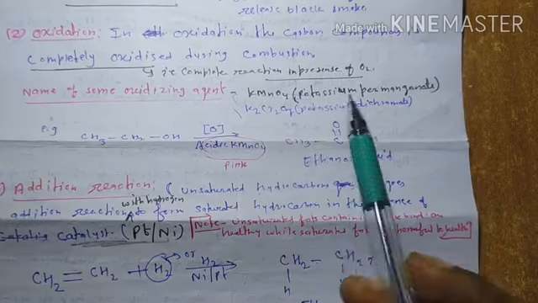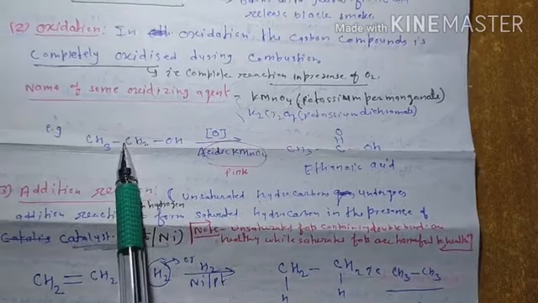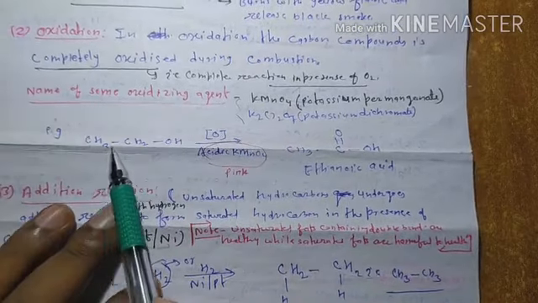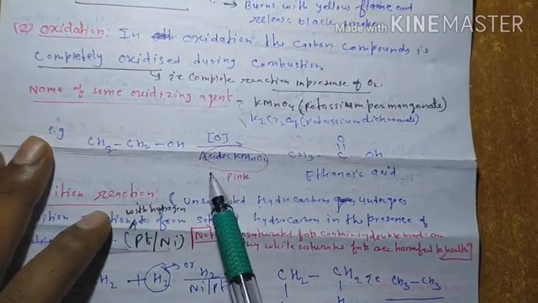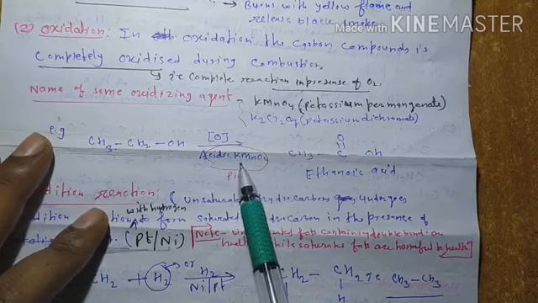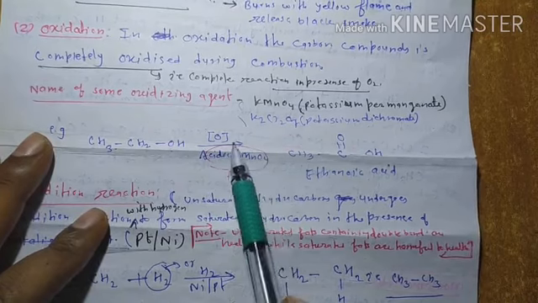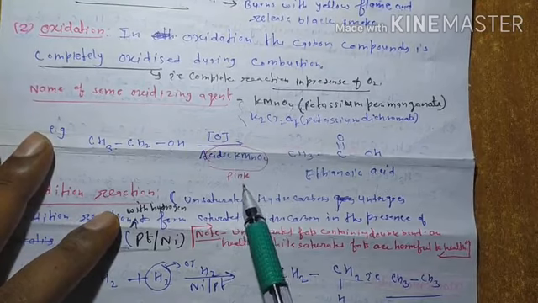For example, you can see here ethanol, CH3CH2OH, with acidic KMnO4. The color of potassium permanganate is pink, right?